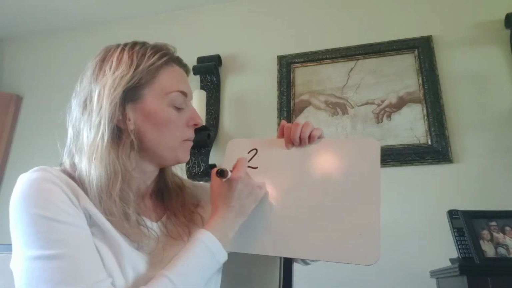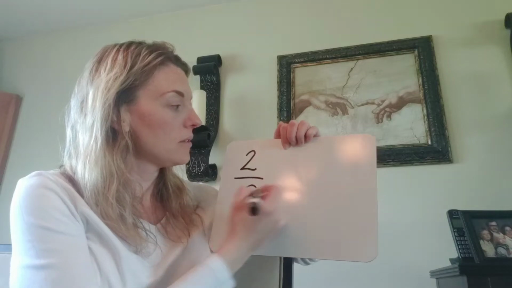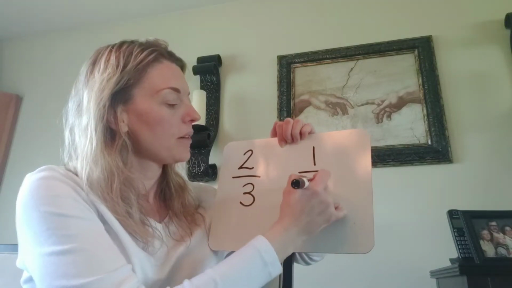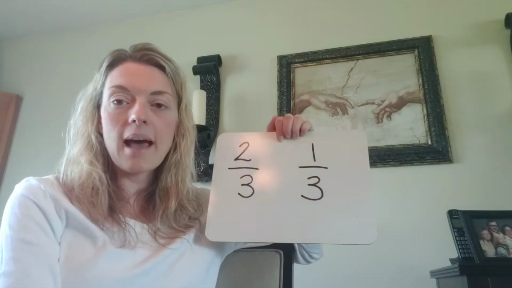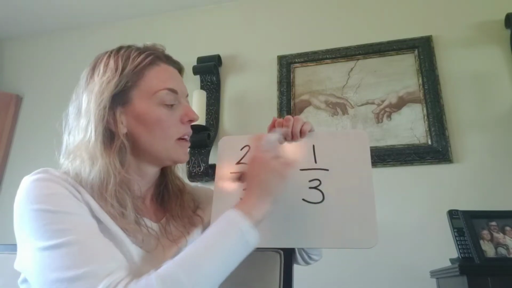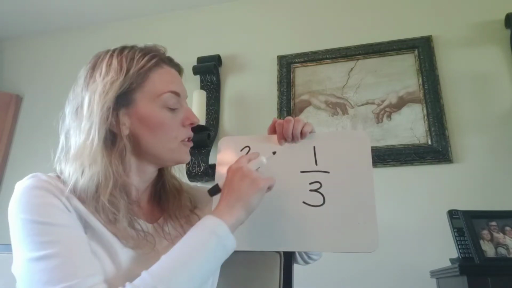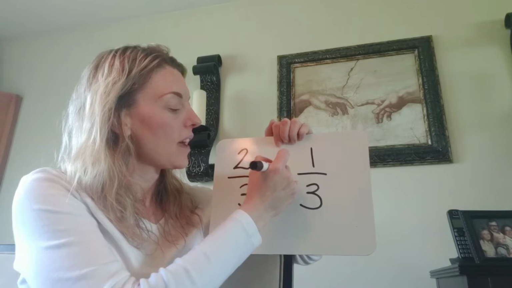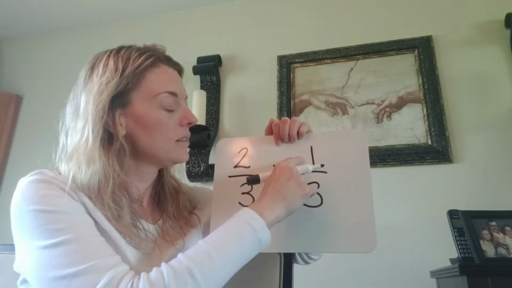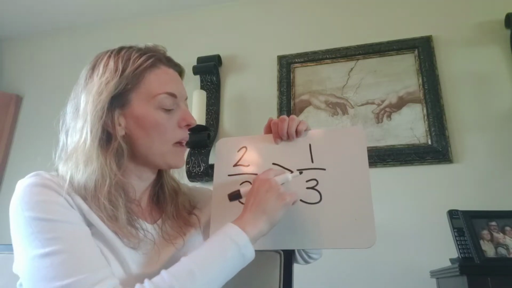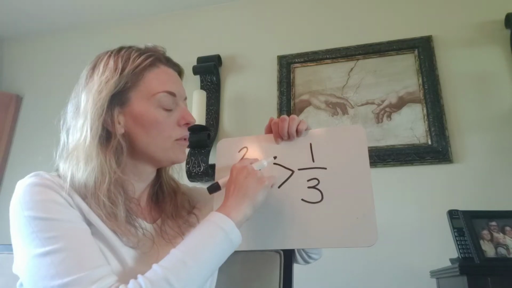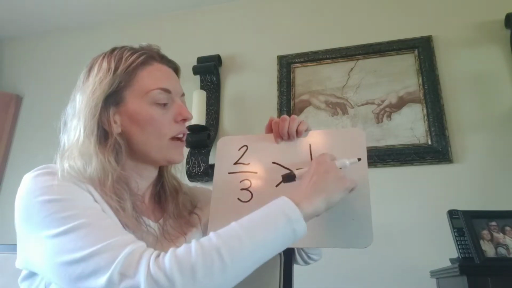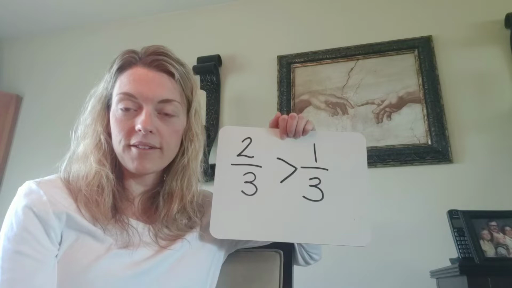For example, 2/3, 1/3. Denominators match. Compare the numerator. 2 is greater than 1. Open that Pac-Man mouth to the 2. 2/3 is greater than 1/3.